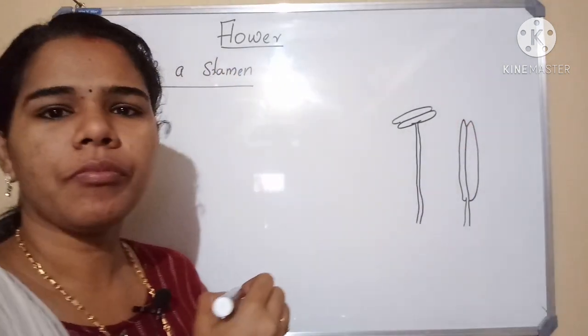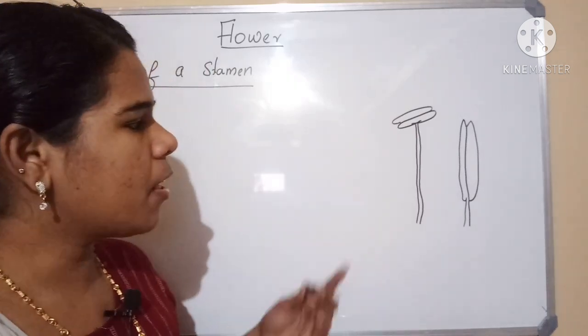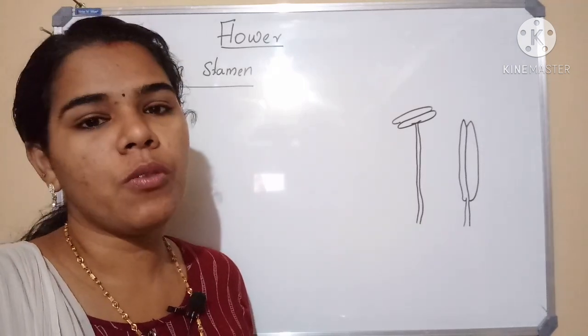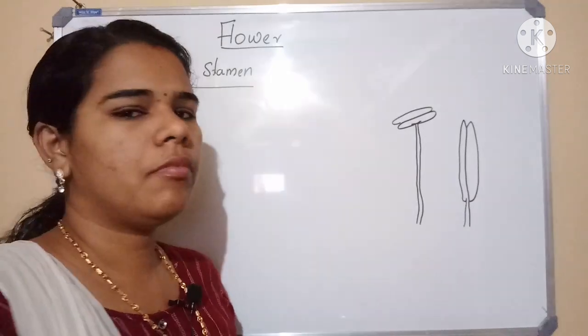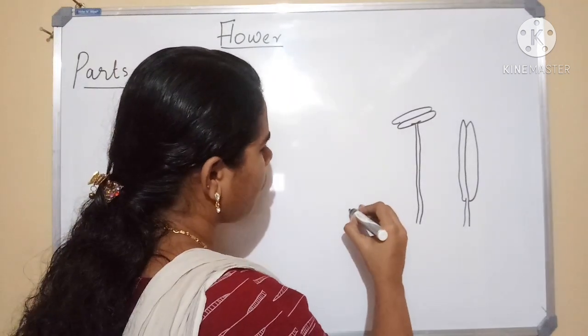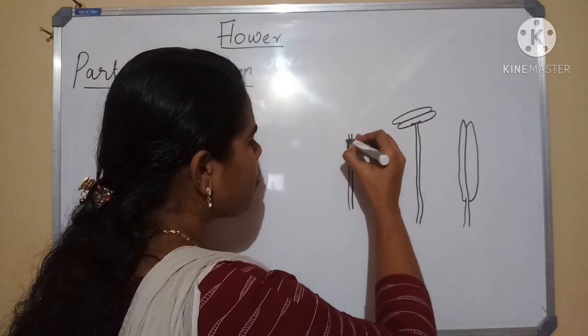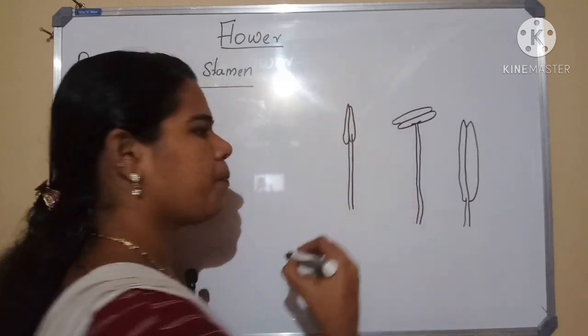So each plant's stamen arrangement is different. Today we learn about the parts of the stamen, and in some plants we can observe the stamens arranged like this.